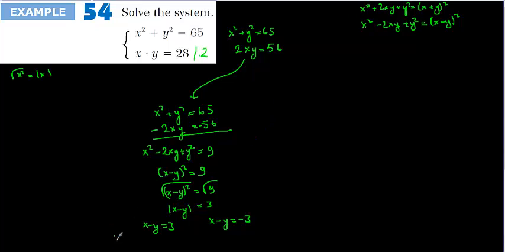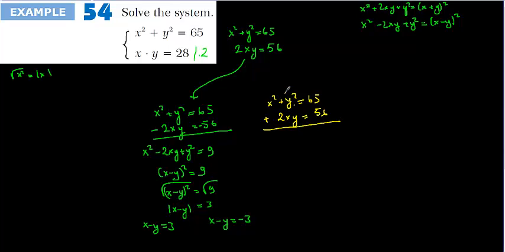Second part of the solution, it's going to be x squared plus y squared is equal to 65, and this time plus 2xy is equal to plus 12.